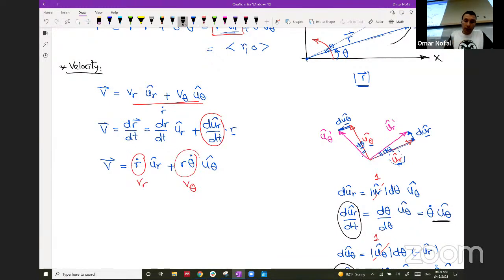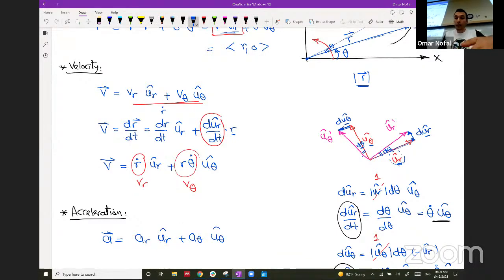For the acceleration, the acceleration a will be equal to ar in the direction of the ur hat plus a theta in the direction of u theta hat.